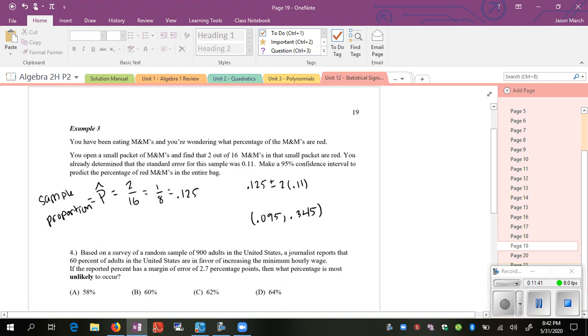Now, as much as we can't actually have a negative percent in this scenario, you still have to include it, because the big picture is that the center of your confidence interval needs to be your sample proportion.